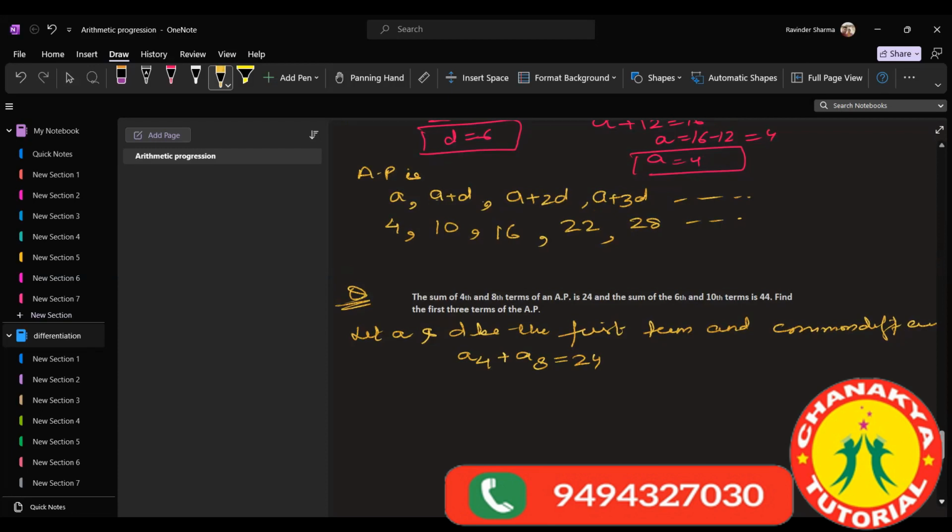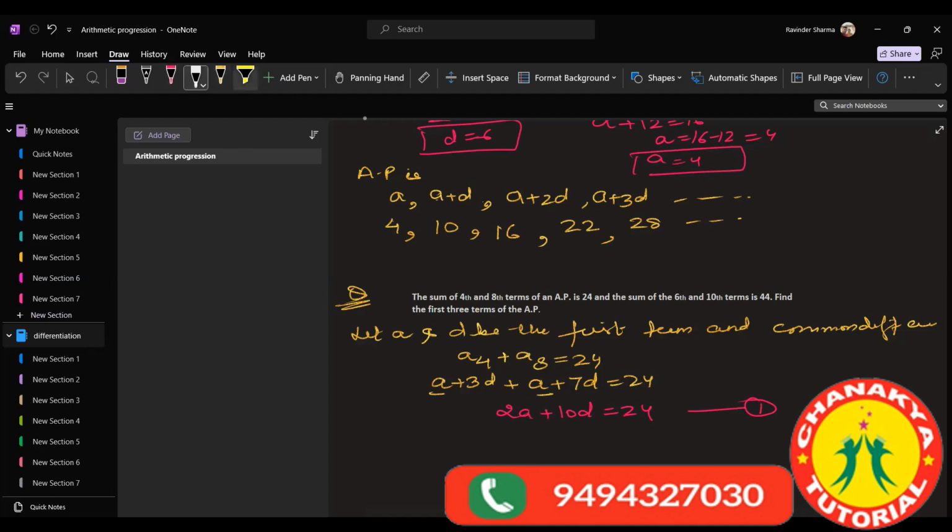Now you can write the fourth term as A plus 3D and the eighth term as A plus 7D. Now A plus A is 2A, 7 plus 3 is 10D, is equal to 24. Let this be equation 1.